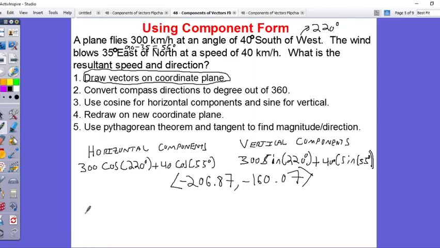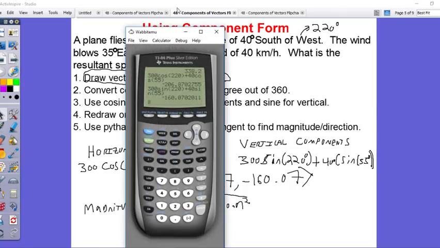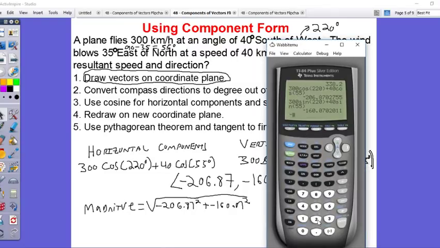So the magnitude is going to be equal to the square root of negative 206.87 squared plus negative 160.07 squared. I entered that in wrong.